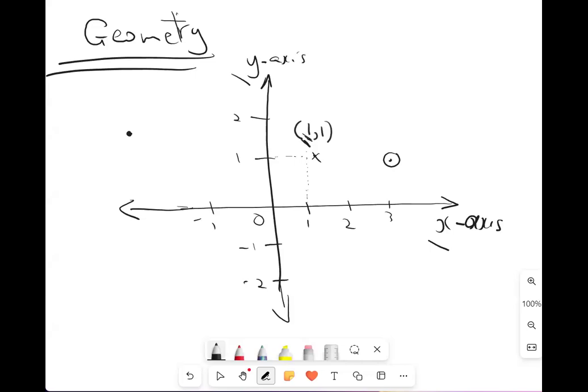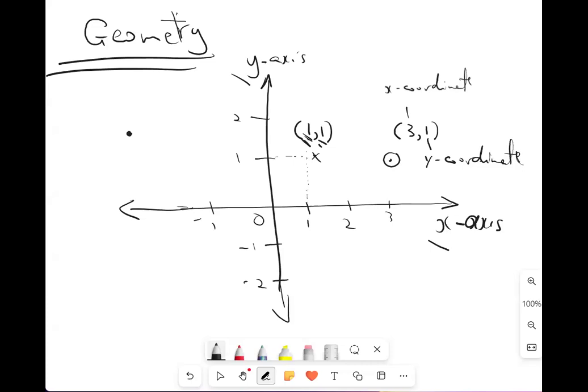So the X coordinate is 1 and the Y coordinate is also 1. So this one here, the point is 3, 1, right? The X coordinate is 3, and this here is the Y coordinate, right?